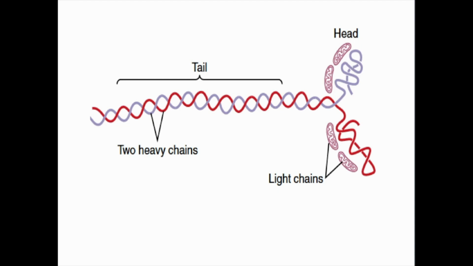The 2 heavy chains wrap spirally around each other to form a double helix, which is called the tail of the myosin molecule. One end of each of these chains is folded bilaterally into a globular polypeptide structure called a myosin head.